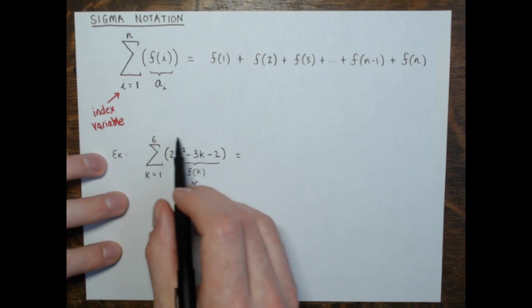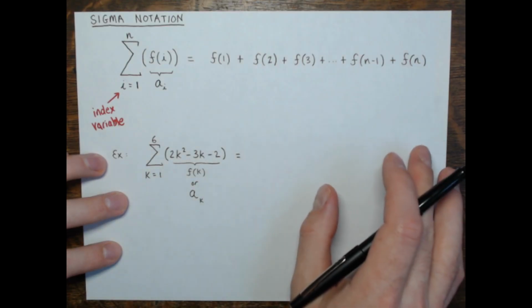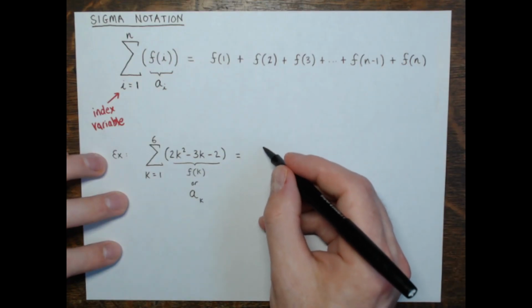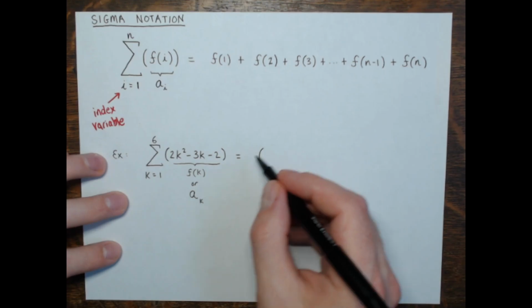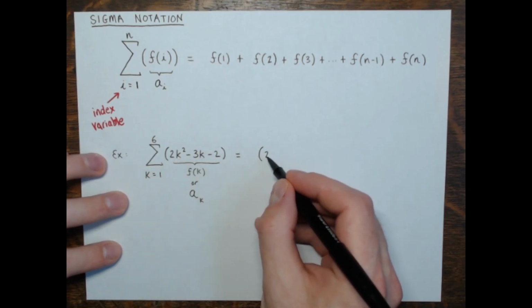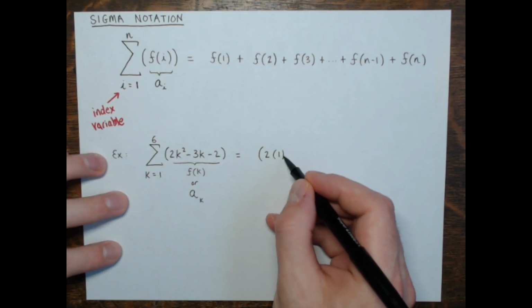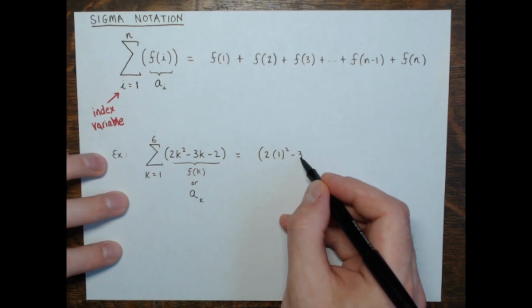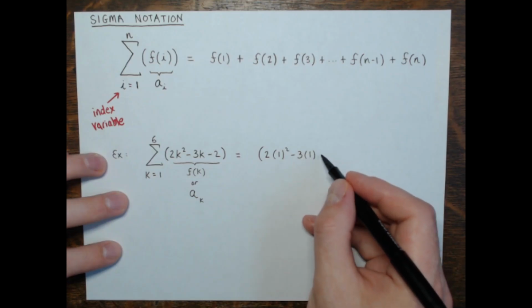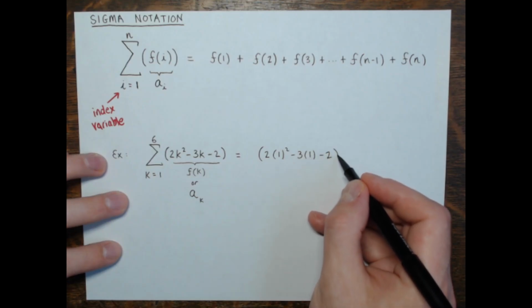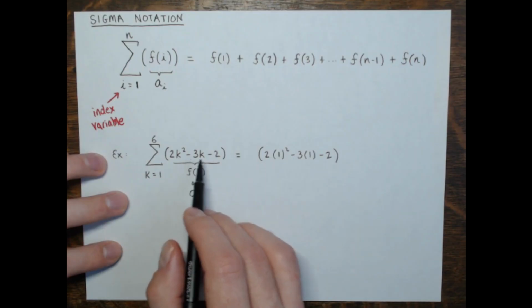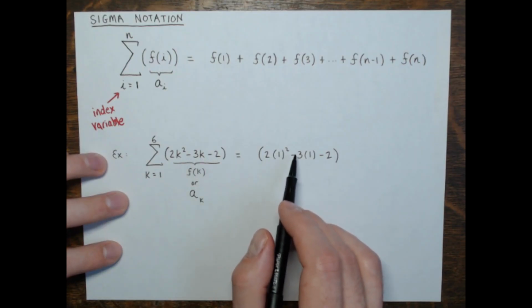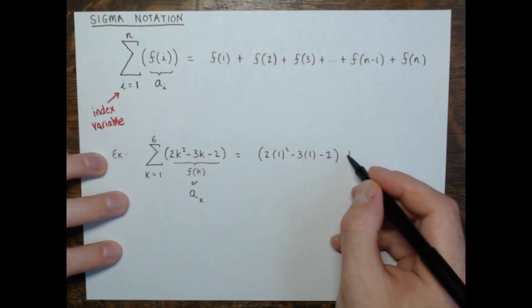So, what this represents, now the long version of this, I could write out, first I'm plugging in k equals 1. So it's 2 times 1 squared minus 3 times 1 minus 2. There's the value of this expression when k equals 1. And then I'm adding to this, right?